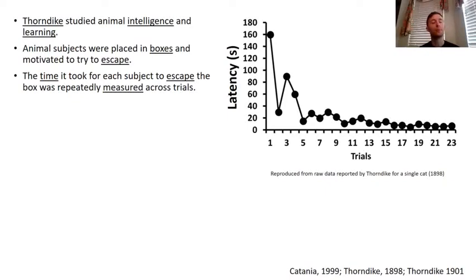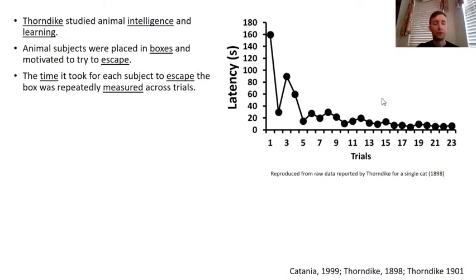Now remember, that's important because learning is a relatively permanent change in behavior that results from experience, and learning can be detected and assessed by repeatedly measuring some aspect of the behavior and then graphing the behavior and examining the graph data over time.